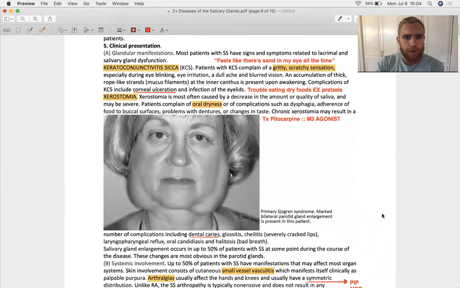So again, how does it present? Dry mouth, that's your xerostomia. That's your trouble eating dry foods. And also remember, it affects the lacrimal glands, and so you're going to get dry eye as well. And that's called keratoconjunctivitis sicca. That's a potentially poor prognosis, potentially poor symptom, because dry eye can lead to corneal scarring, and we know that blindness, especially corneal injuries, are virtually irreversible.